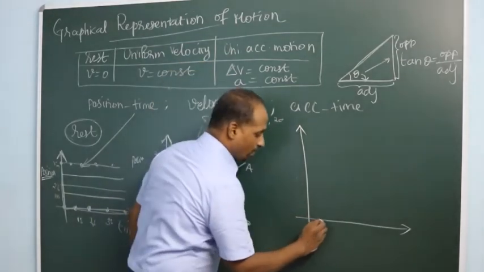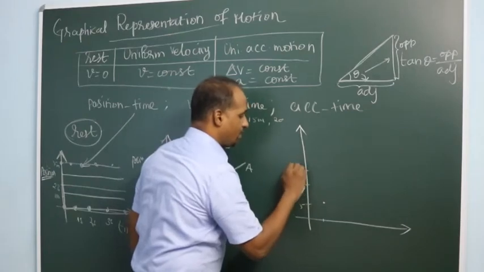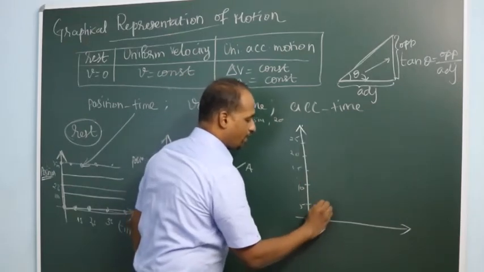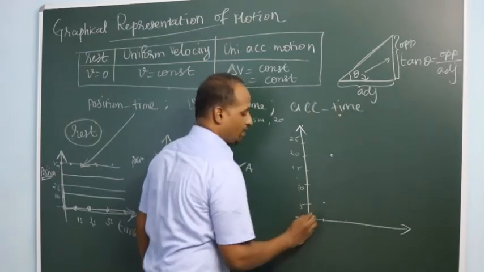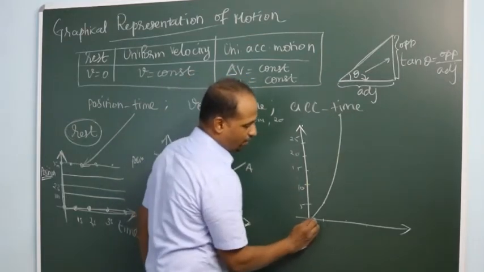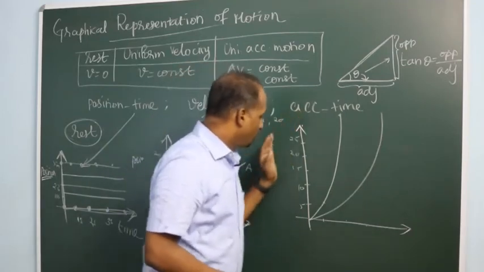So 1 second later it is at 5 meters. Suppose 5, 10, 15, 20, 25 and so on. 1 second later 5, 2 seconds 20, 3 seconds 45. The graph will be like this. We call this a parabola if the graph is a parabola in position-time graph.